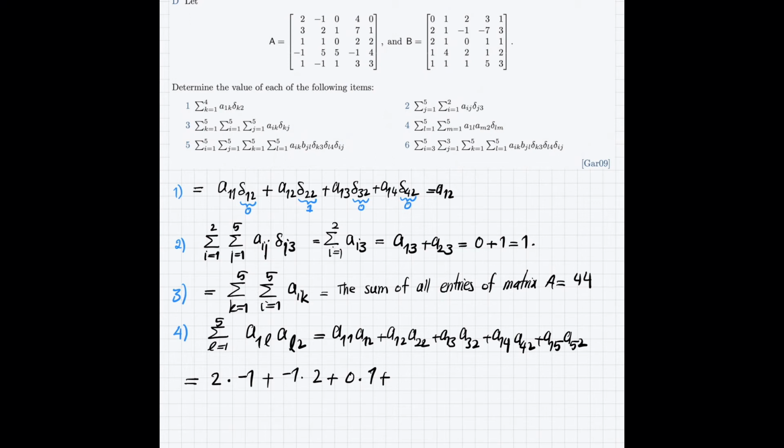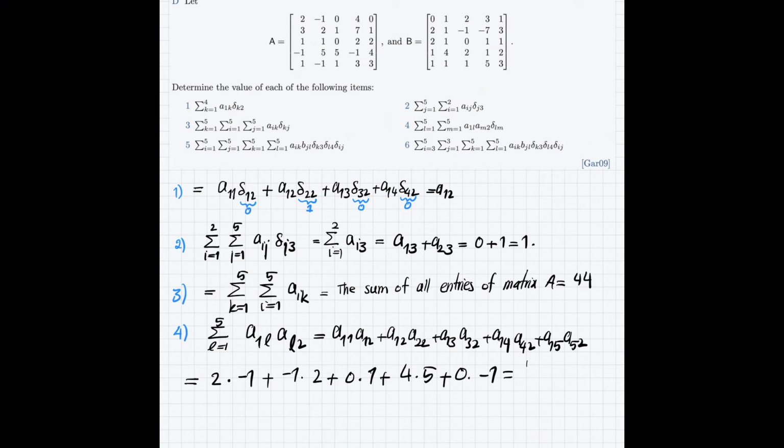But then A14, the first row fourth column is 4 multiplied by A42, yes, the fourth row second column, is 5, and then the first row fifth column is 0, fifth row second column is -1.